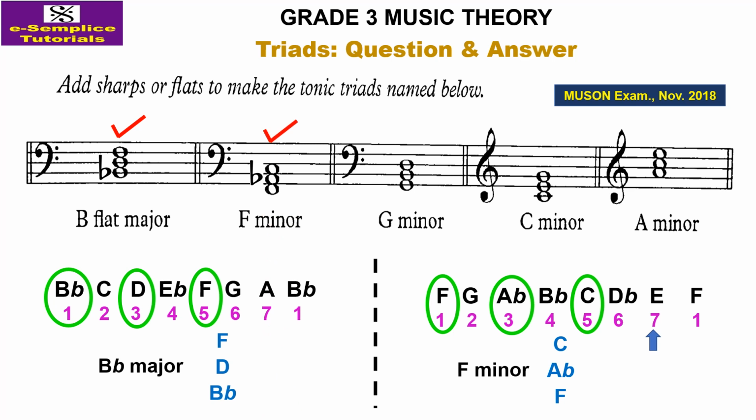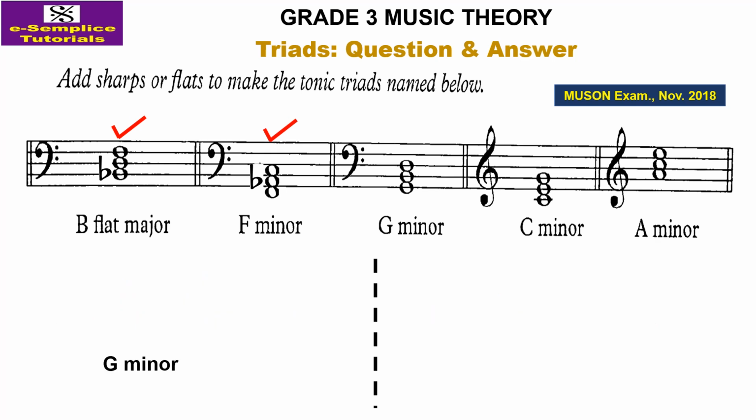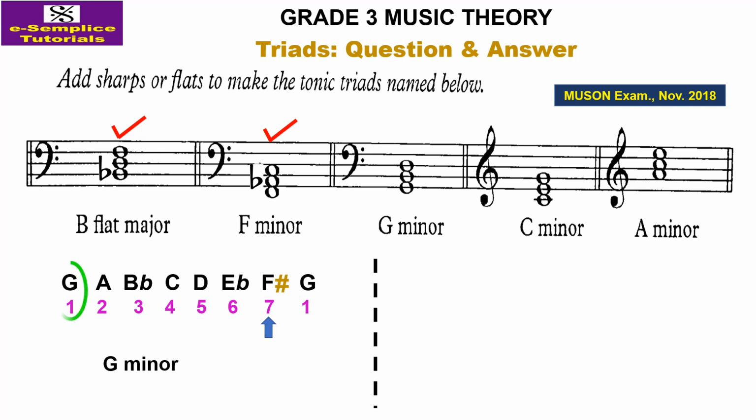Let's move to G minor. Go through the normal process. It's a minor key. Raise the 7th degree, then the tonic, the 3rd, the 5th. Stack. You have G, B flat, D. So that means we are adding a flat to B.